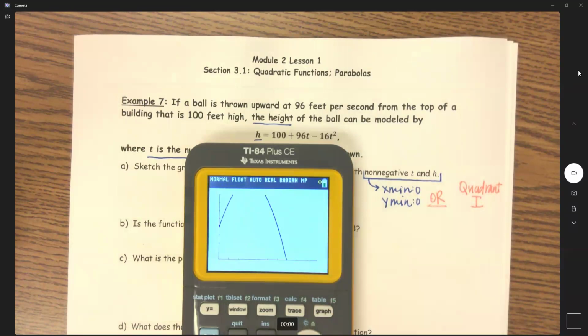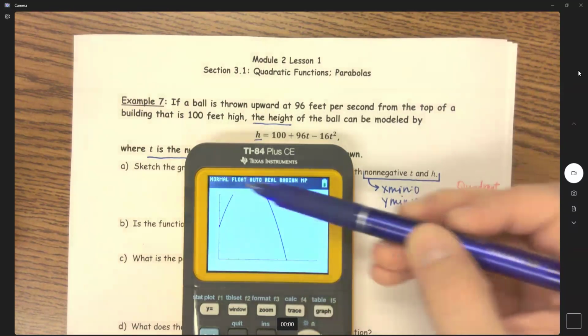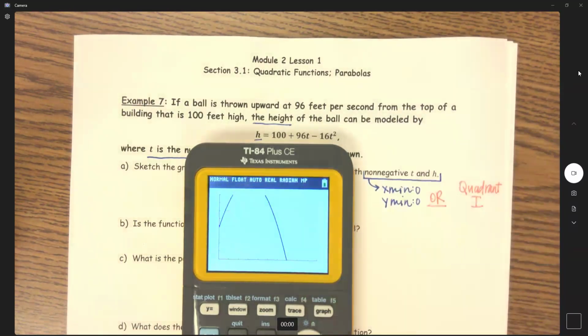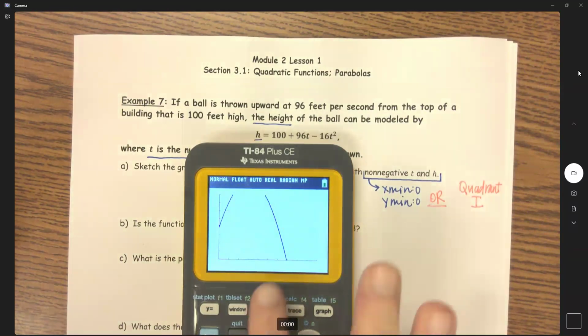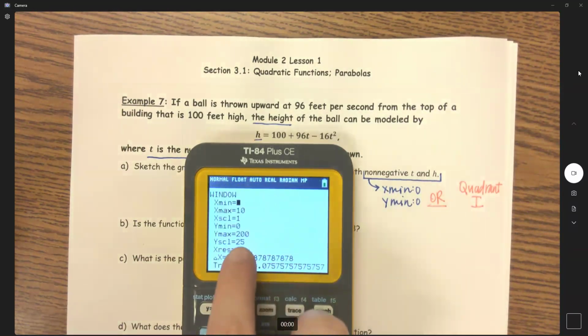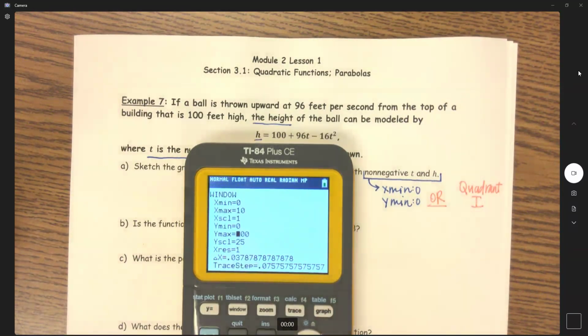And there is my graph. So you can see how the ball is traveling. What I don't see is how high this is going. I don't see the top number here. So when this happens, just play around with your window. I didn't think that the y would go higher than the 100-foot building, so let's just try 300 and see if that can get that vertex in there.